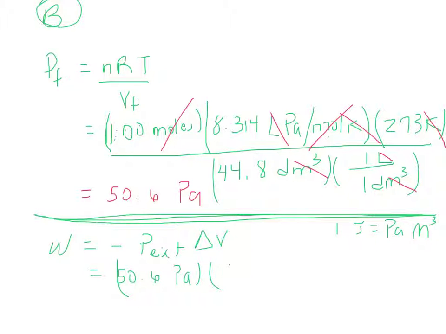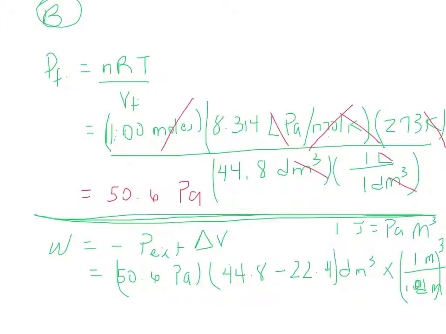So our final volume is 44.8. Our initial volume is 22.4. And this is decimeters cubed. And since we need to convert that, we're going to cube the whole thing. And there are 10 decimeters in 1 meter. So therefore, this is going to be the equivalent of dividing this by 1,000. We cube the entire thing.